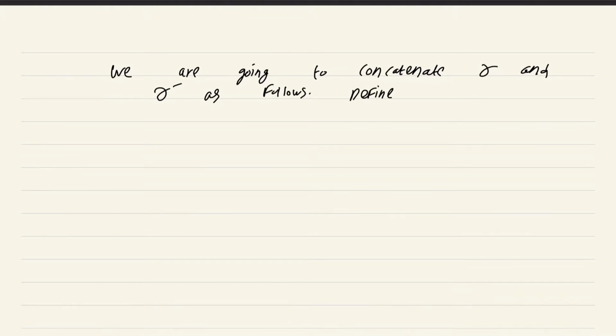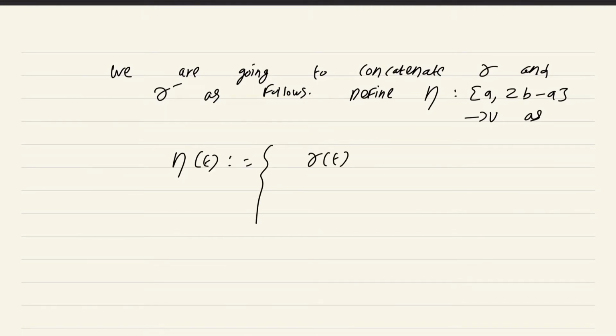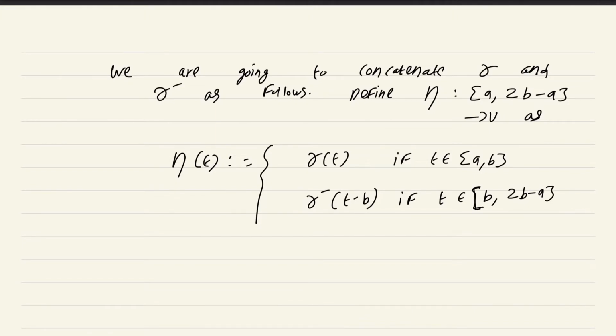Define eta from A comma 2B minus A to U, where eta of t is by definition just going to be gamma of t if t is in A,B, and it's going to be gamma minus of t minus b, that is the reverse, if t is in B comma 2B minus A. So this curve eta of t is also a path.